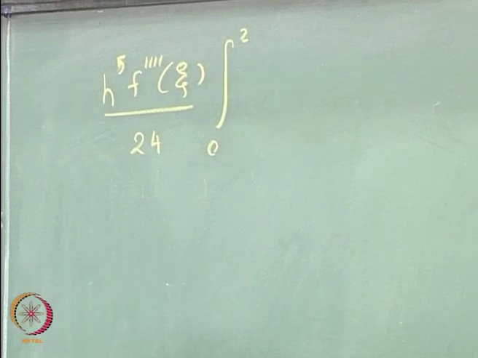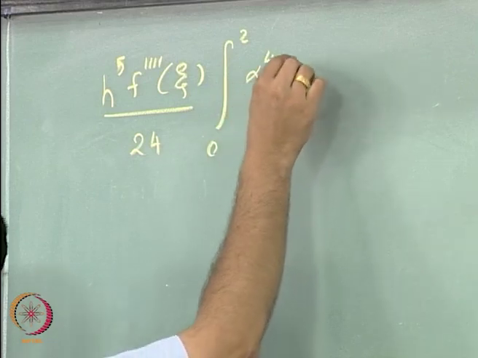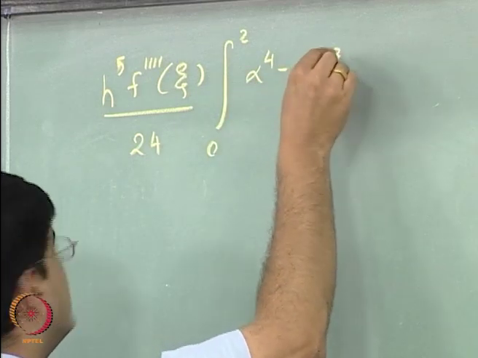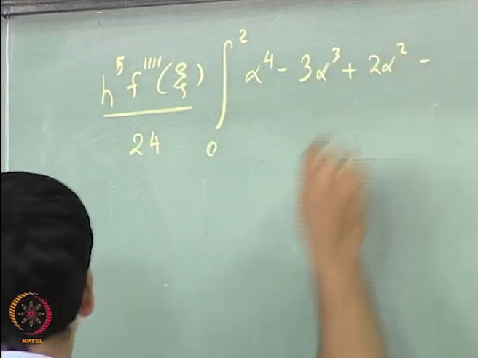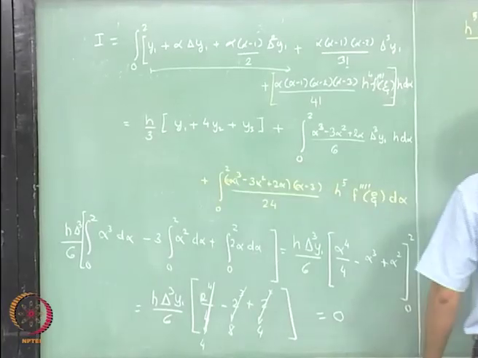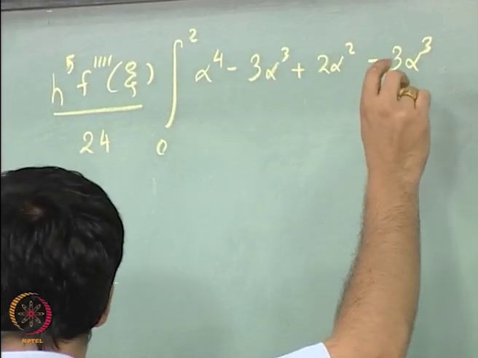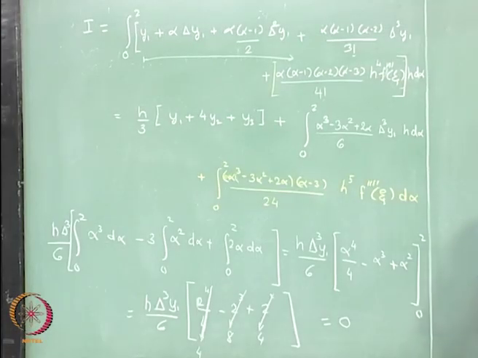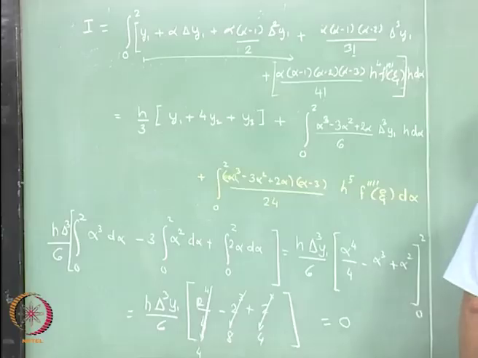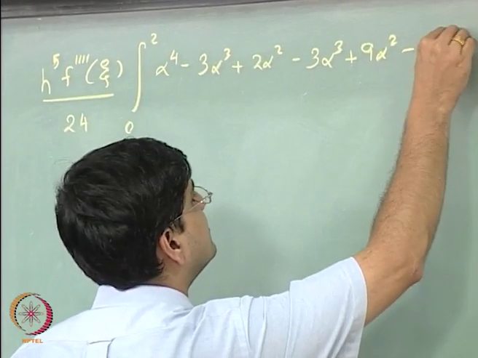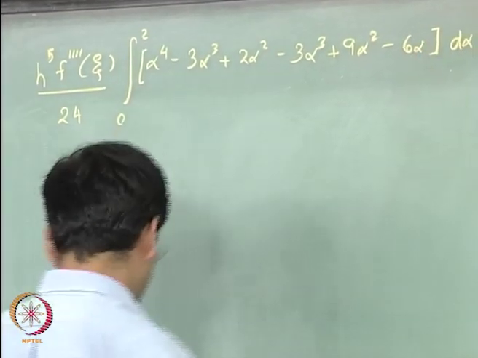We have essentially alpha to the power 4 minus 3 alpha cubed plus 2 alpha squared, minus 3 alpha cubed plus 9 alpha squared minus 6 alpha, d alpha.